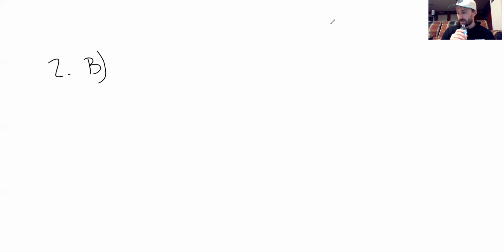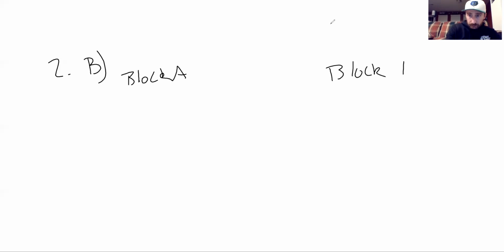Represent each force by a distinct arrow starting on the dot and pointing away from the dot. All right, so I got block A, block B. Got two dots here, right?